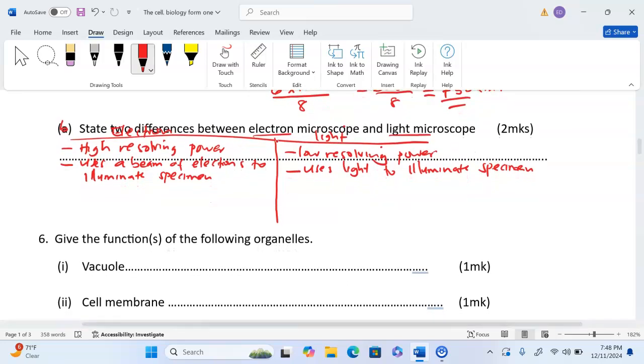We move to another point. This one uses electromagnetic power. A light microscope uses a glass lens.